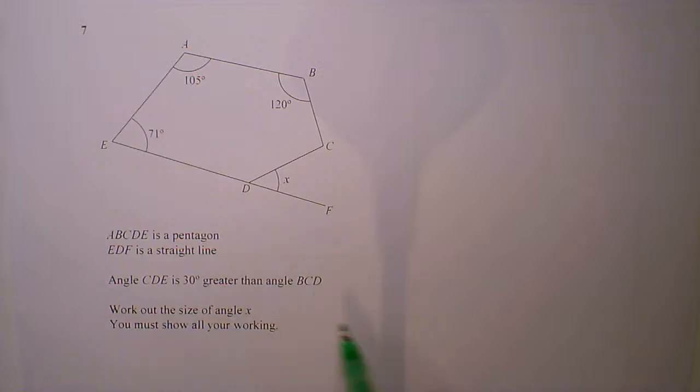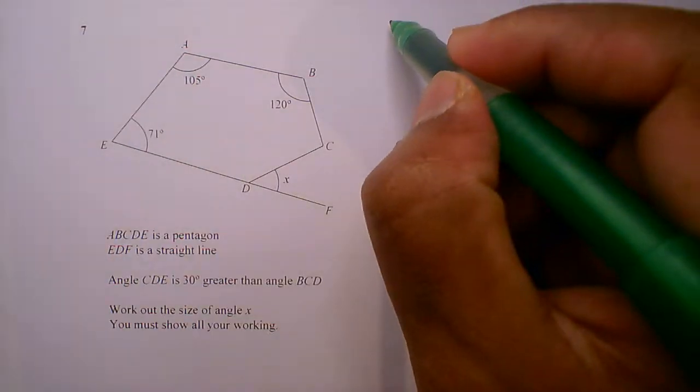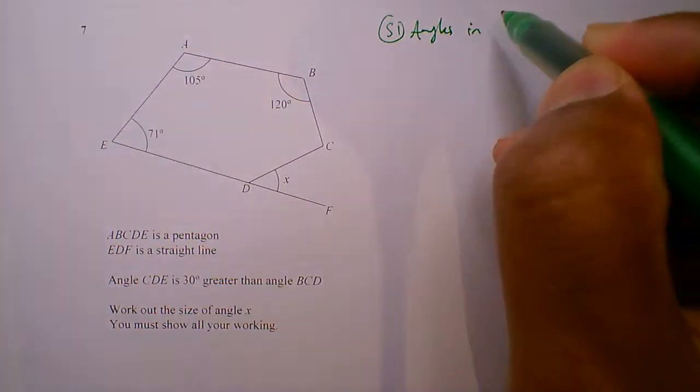So there's quite a lot of information going on here. What do I need to do for this question? How do I break this down? I can see this is to do with angles in polygons. So that's my step 1, angles in polygons.